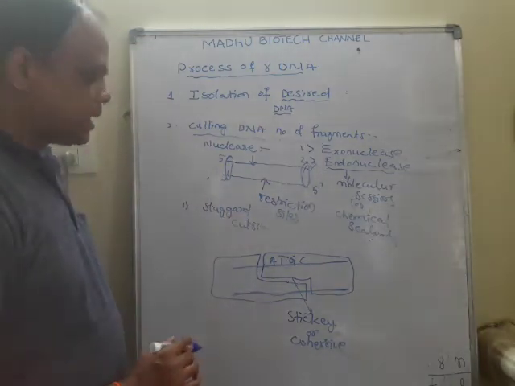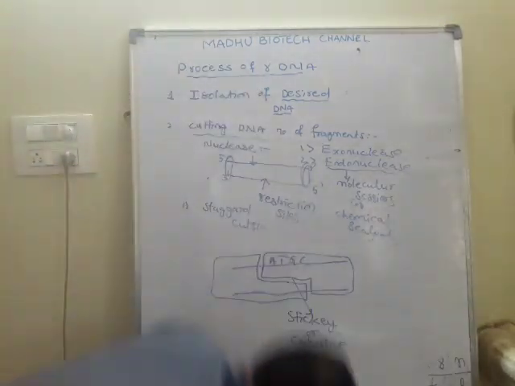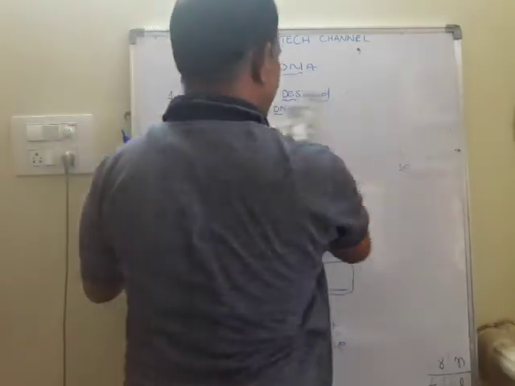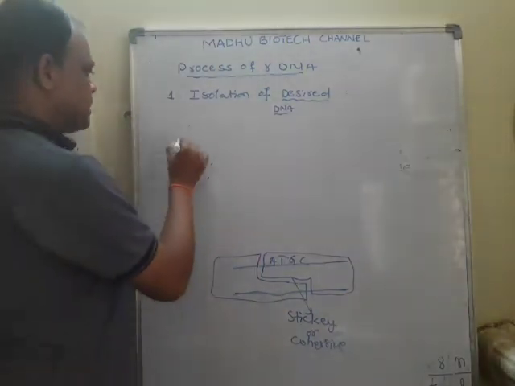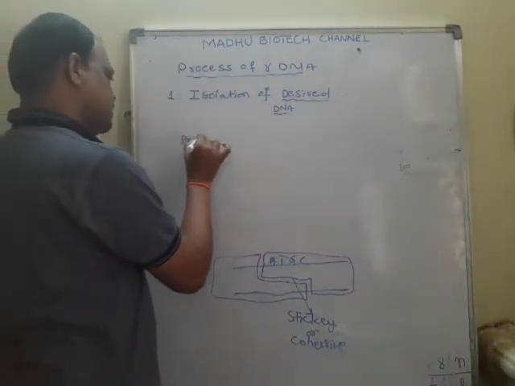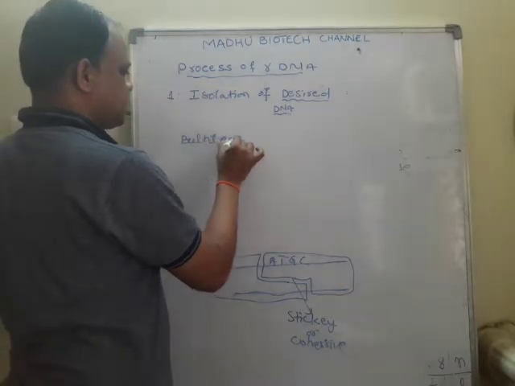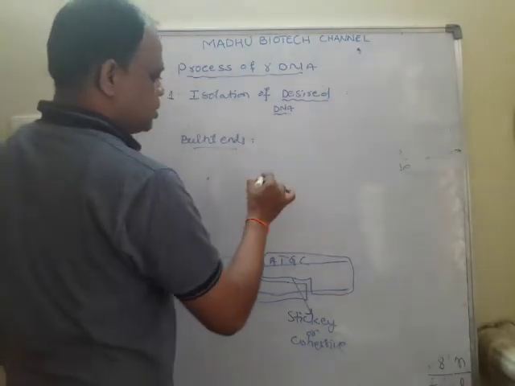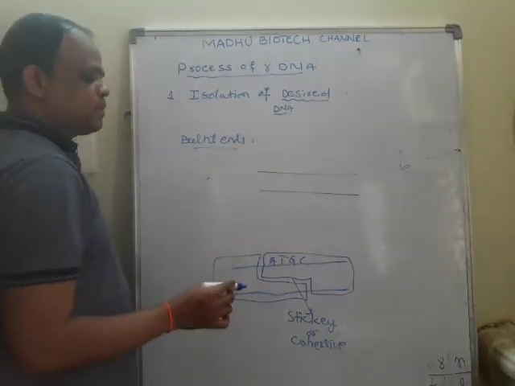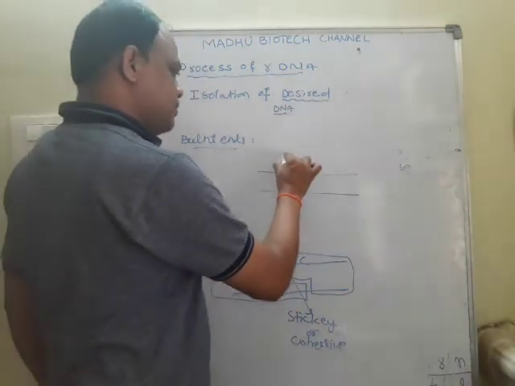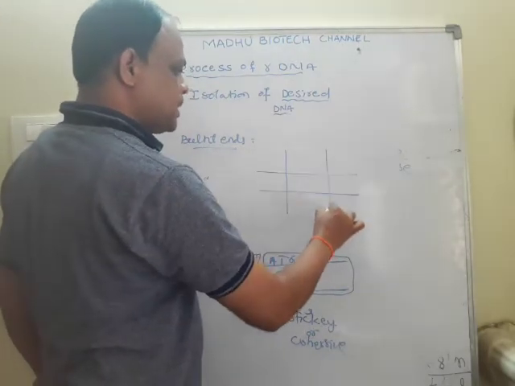And another cutting is blunt ends. So this is the double stranded DNA. The enzyme recognizes the specific locations and cuts, leaving blunt ends.